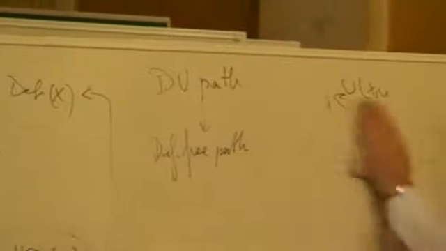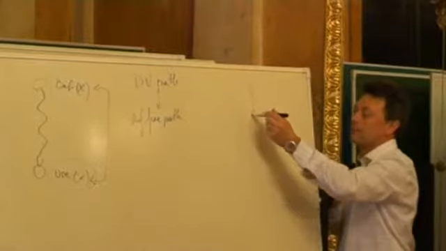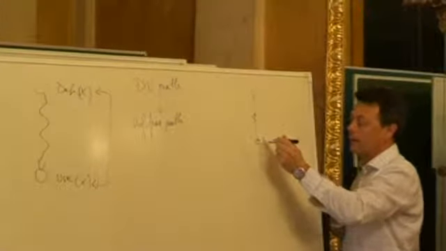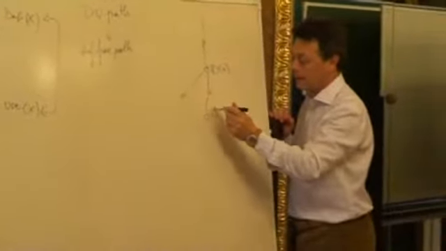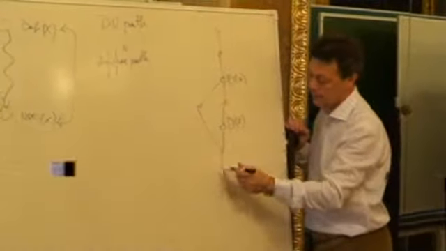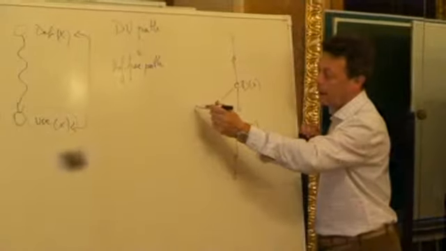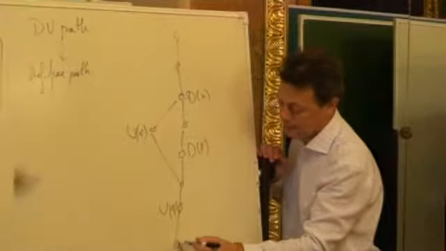What is a definition-free path? Let me draw one new picture. I start here. I have a definition of x. Then I have another definition of x. Then I have a use of x and a use of x.